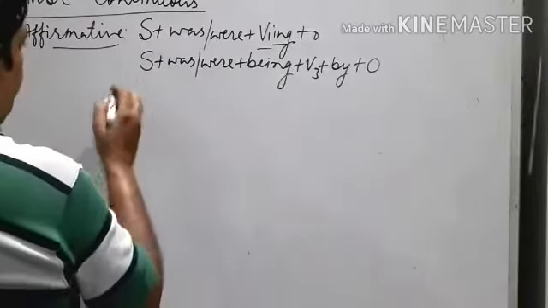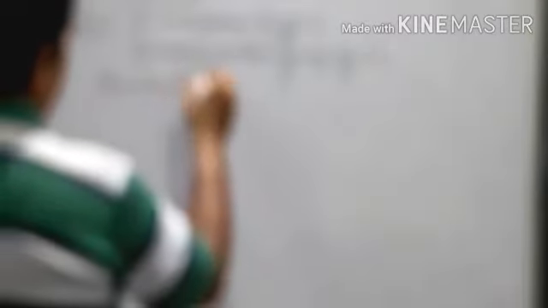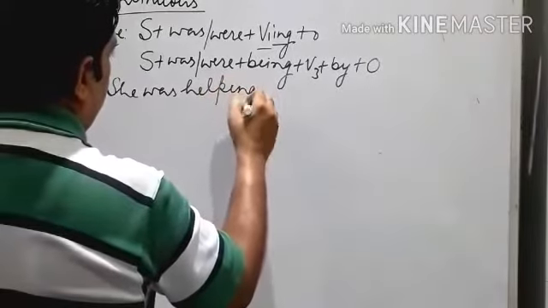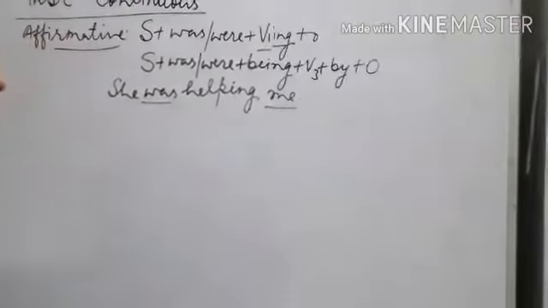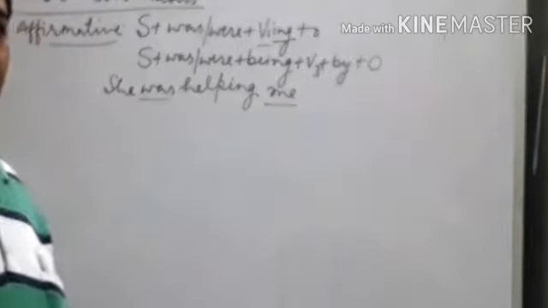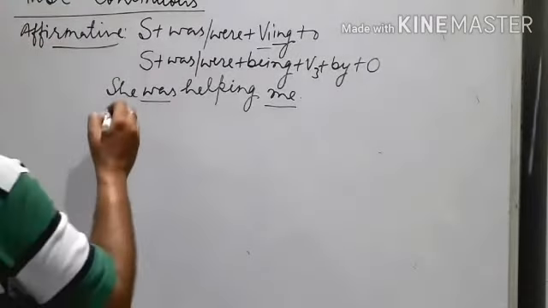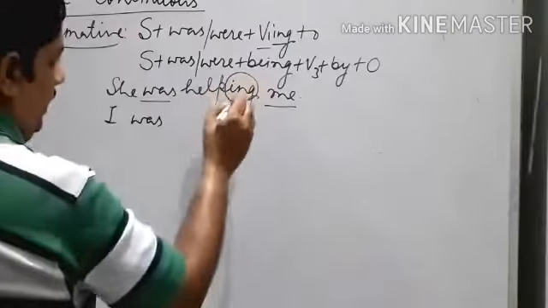Take an example. She was helping me. So here helping verb was and the subject. Now we make it with this object. Me will be converted into I, and with I we use was. Ing we convert into being.